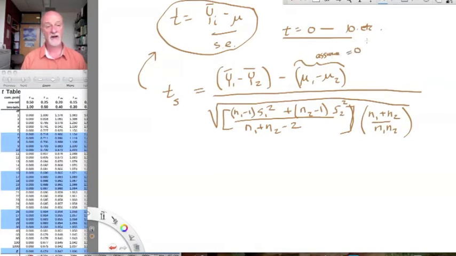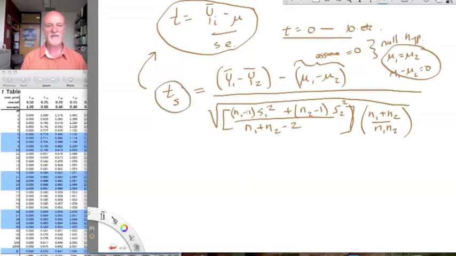Our null hypothesis is that mu1 equals mu2, in other words, mu1 minus mu2 equals 0, because those are equivalent expressions. So ts is the student's t-value you get when you're comparing two sample means.